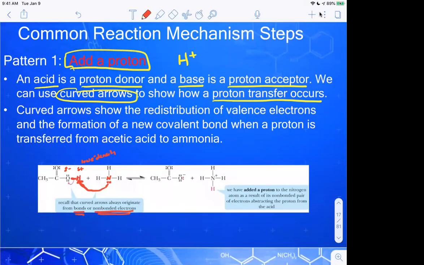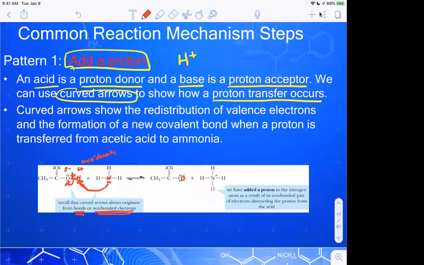These two electrons in that oxygen-hydrogen bond are going to end up on the oxygen. This bond here is breaking. So in the final analysis, these are the electrons from that bond here that end up on the oxygen.